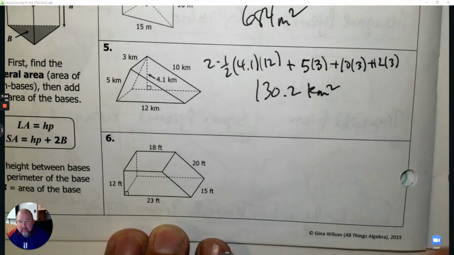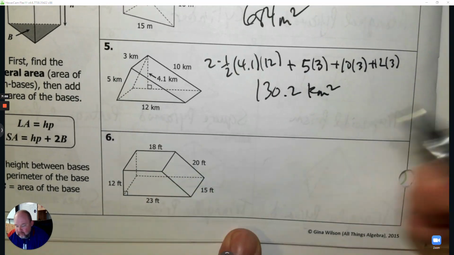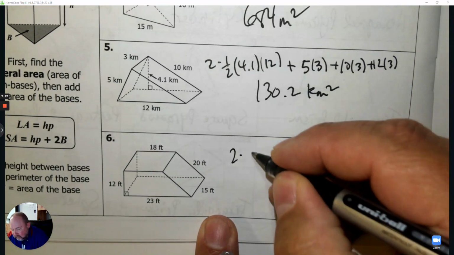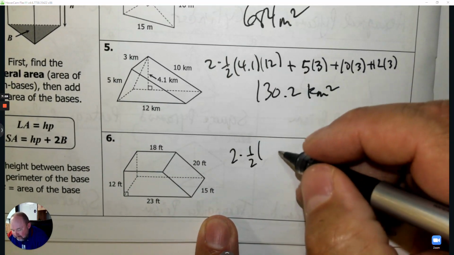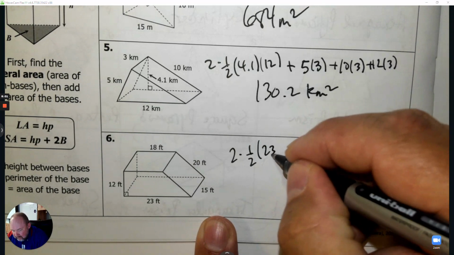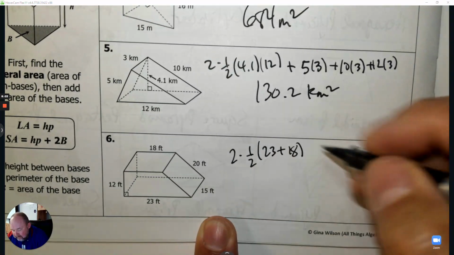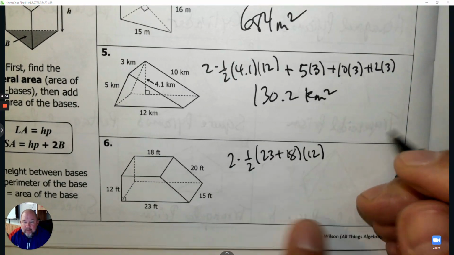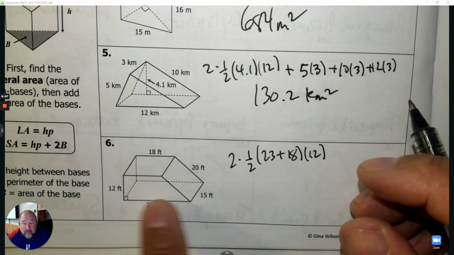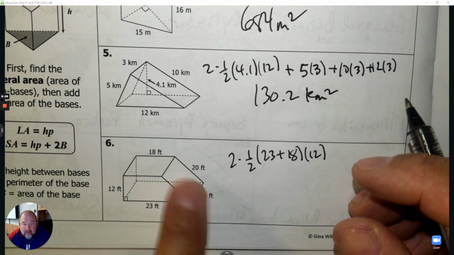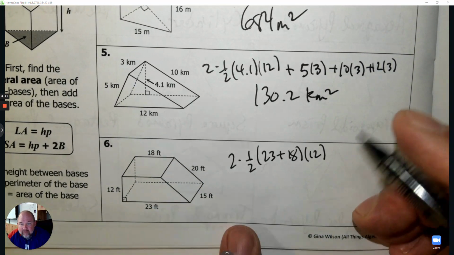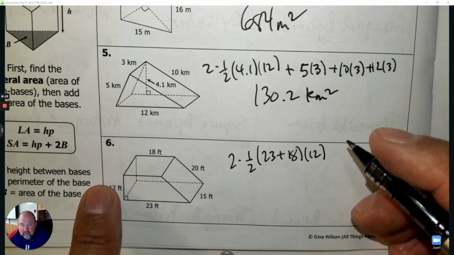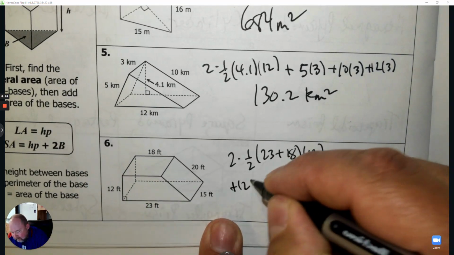This is a trapezoidal prism. So we have 2 trapezoids, so 2 of them. So it's 1/2. The bases are 23 and 18, and the height of it up is 12. So those are the 2 trapezoids. And then we have 1, 2, 3, 4 rectangles. So one rectangle is 12 by 15.